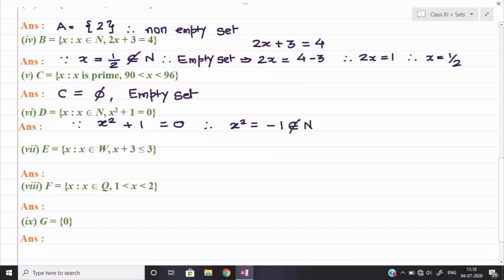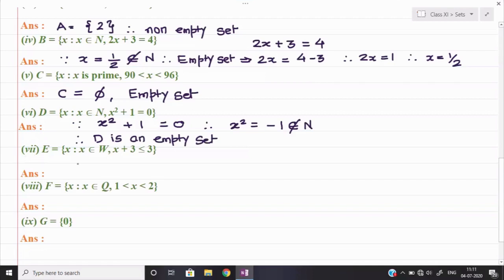So we can say that therefore the given set is an empty set. So D is an empty set, right? Because we got the value of x square as negative, and any negative value is not a part of the natural numbers.